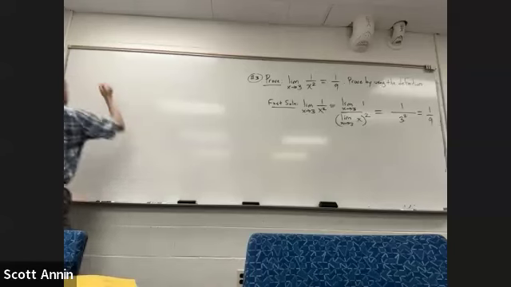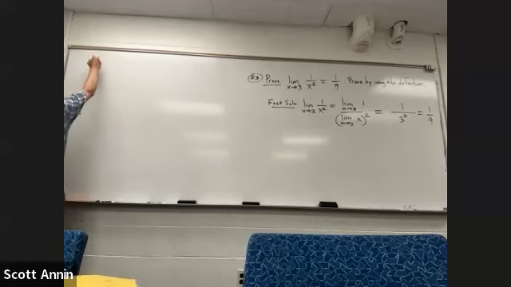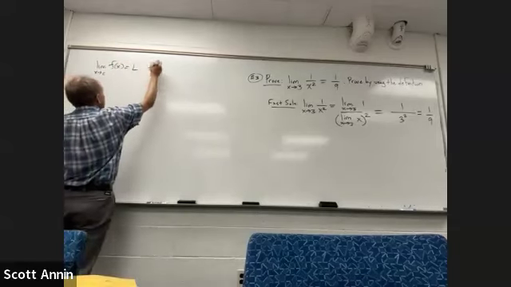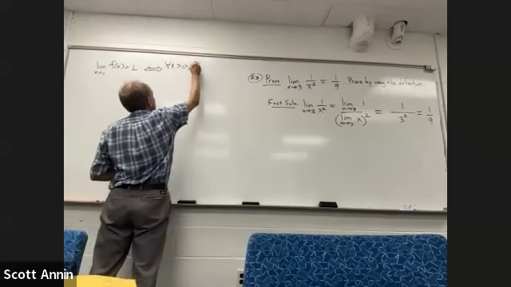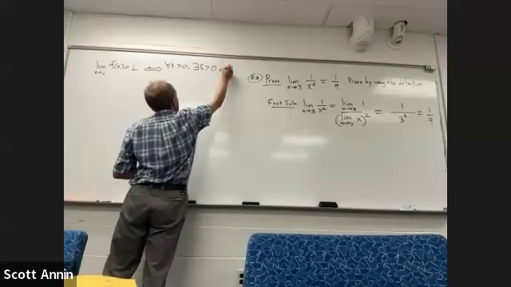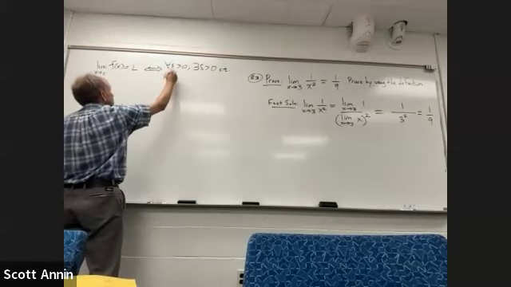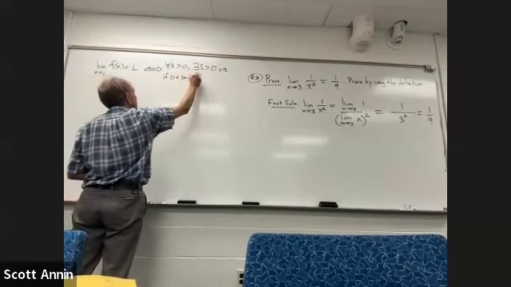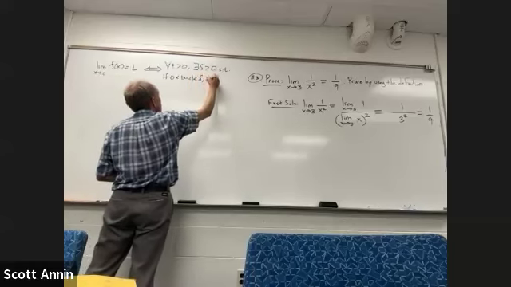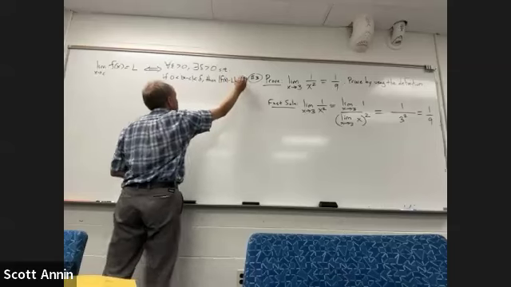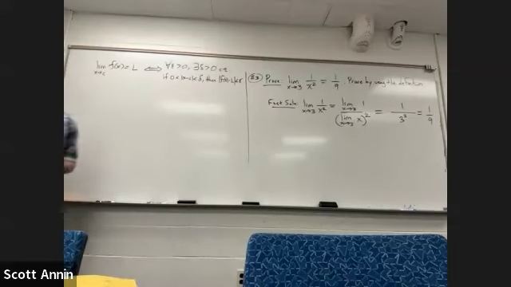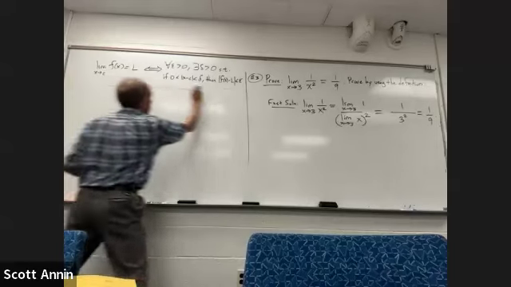Recall that the limit of f of x as x approaches c is equal to L if and only if for all epsilon greater than 0, there exists a delta greater than 0 such that if 0 is less than absolute value of x minus c is less than delta, then absolute value of f of x minus L is less than epsilon. So I just want to have that on the board. We're going to be playing with that a little bit.